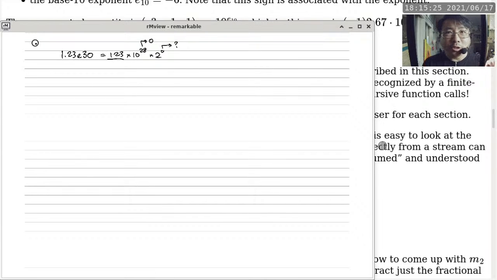The first question is, how do we reduce the power of 10? Well, that's pretty easy, because if we just multiply the quote-unquote mantissa part by 10, then we can decrease the power of 10 by 1, and then we can do it again and again and again.